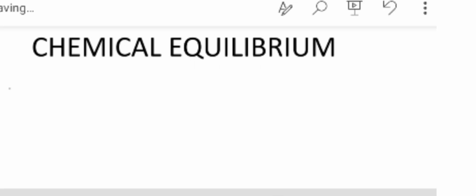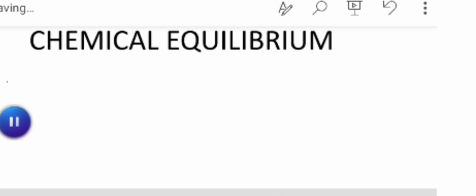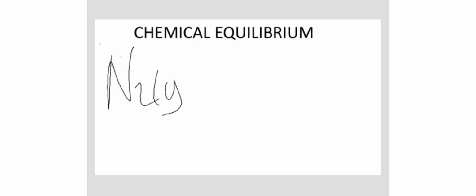So here is the example. For example, we have N2, which is a gas, plus 3H2.